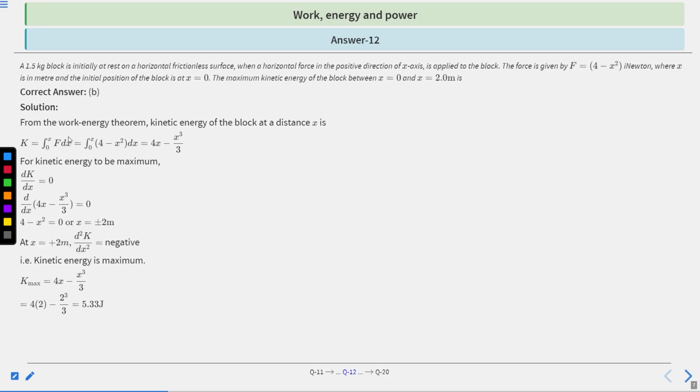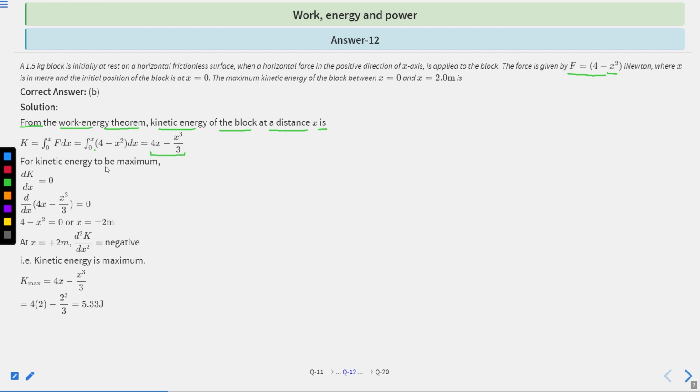So we know from the work energy theorem, the kinetic energy of the block at distance x is K equal to the integration from 0 to x of F dx. Solving this from 0 to x, where F is given as 4 minus x square. Clear? Putting this force in this term, you will get 4x minus x cube divided by 3. Clear?